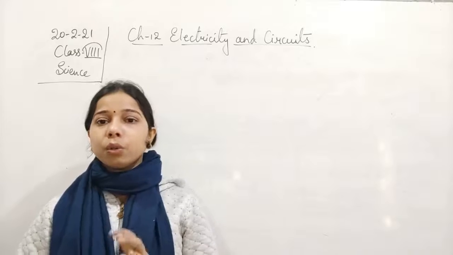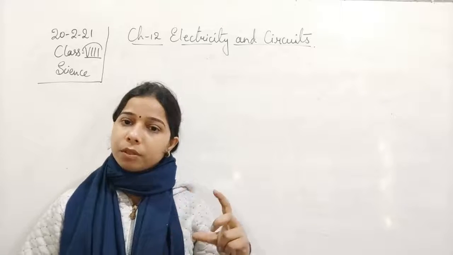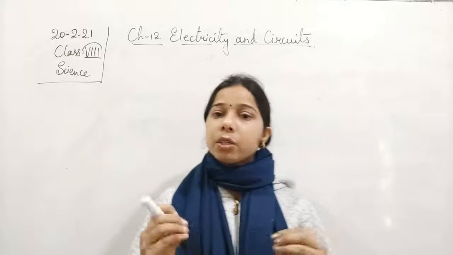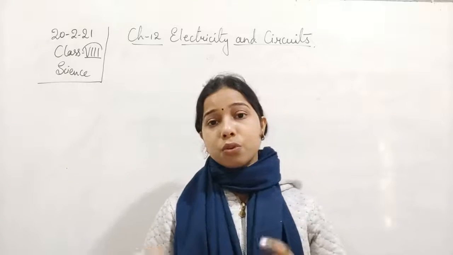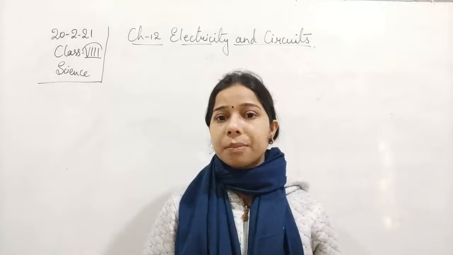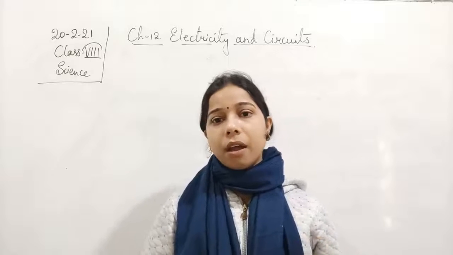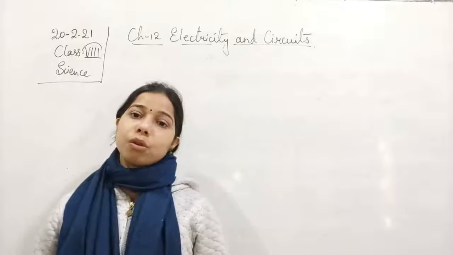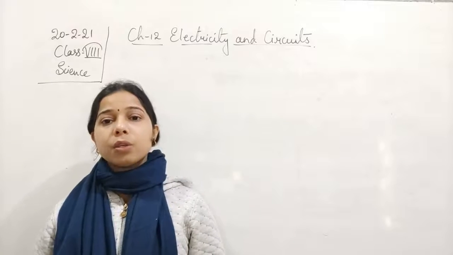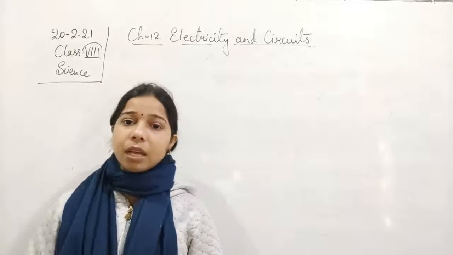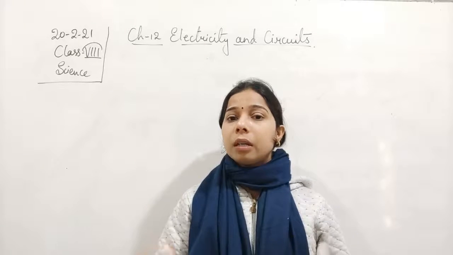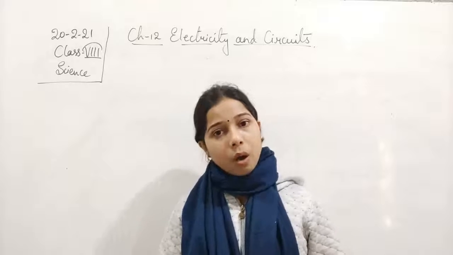While joining, we should always remember that one terminal is connected by wire to the electric cell, and the other terminal is connected by wire to the other terminal of the electric cell. So the two terminals of the cell are connected to the two terminals of the torch bulb.